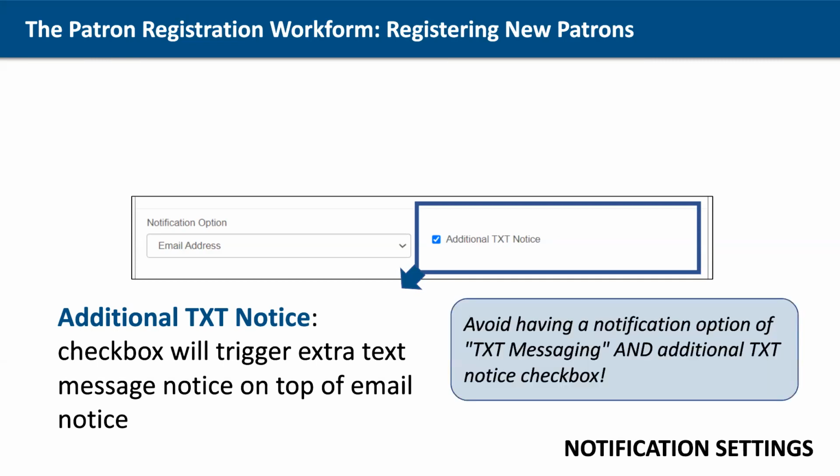However, if the patron's primary notice preference is text, avoid selecting the additional checkbox. We've found that for some patrons, setting them up for text notices plus adding the additional text notice can cause issues when delivering the notices. So just avoid having both the option of text messaging and the additional text checkbox.